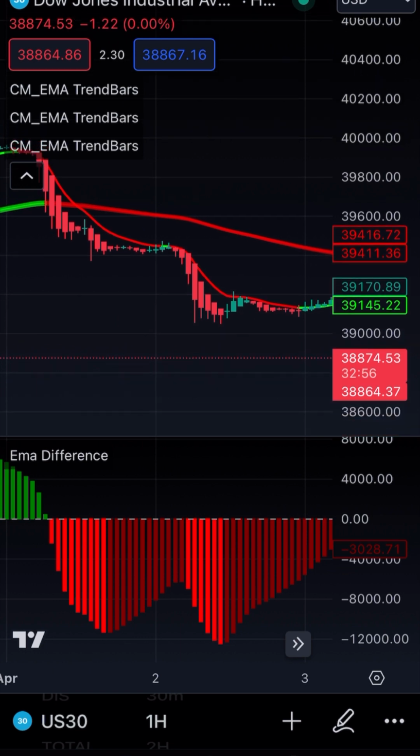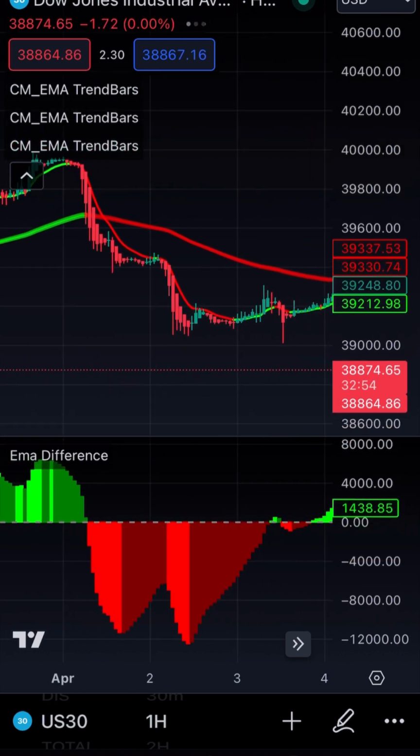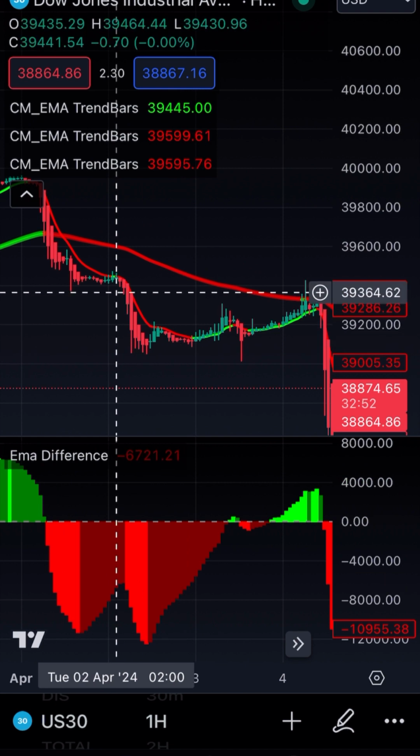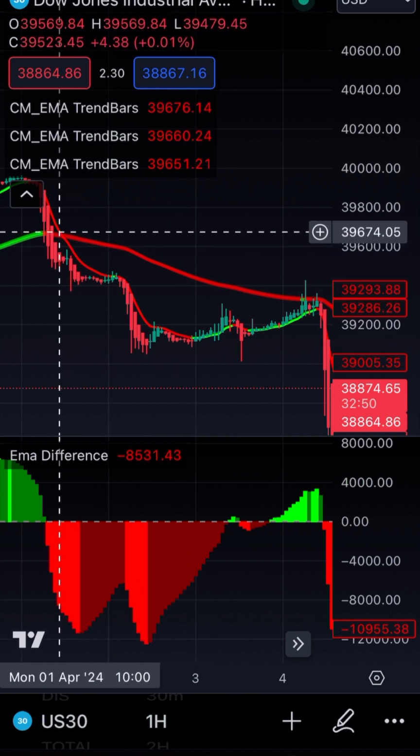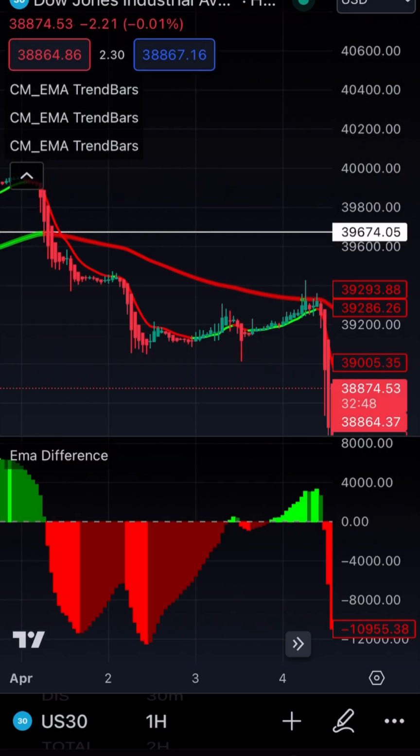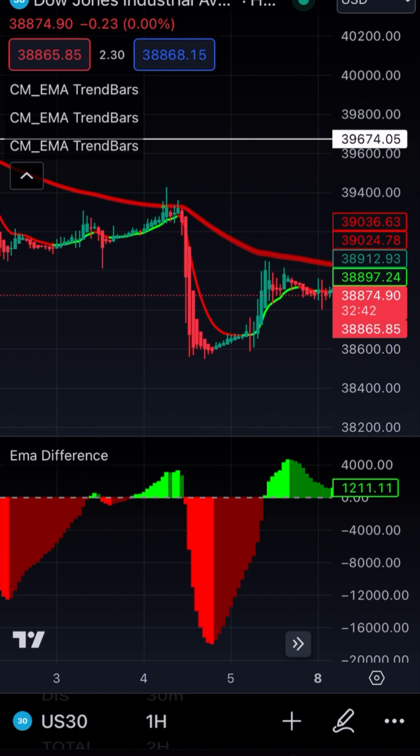So real quickly, if you miss this cross and you came in right here, let me draw a line. Does it ever return back to this line after it crosses?